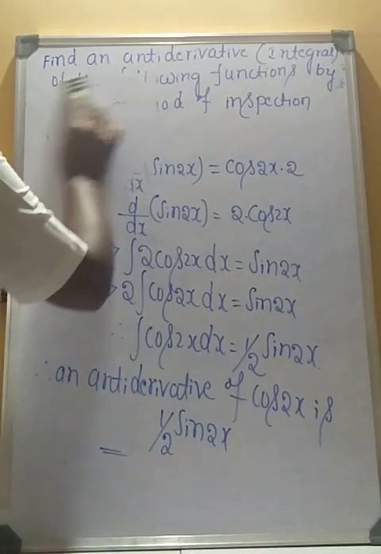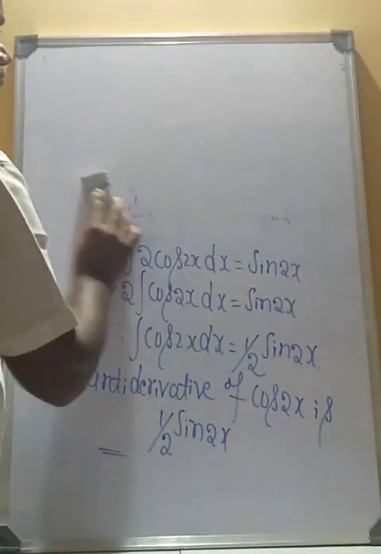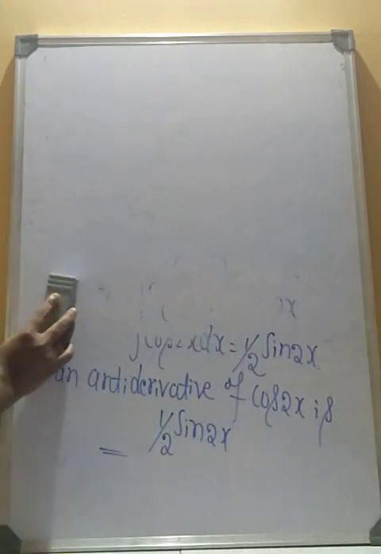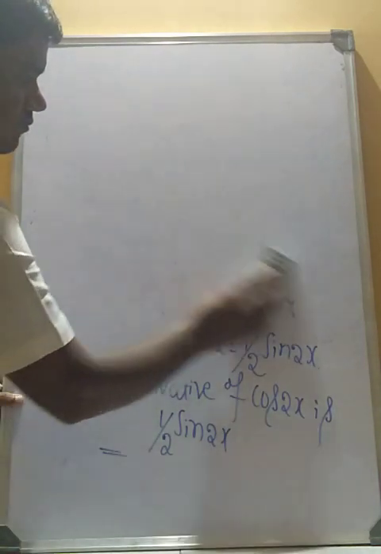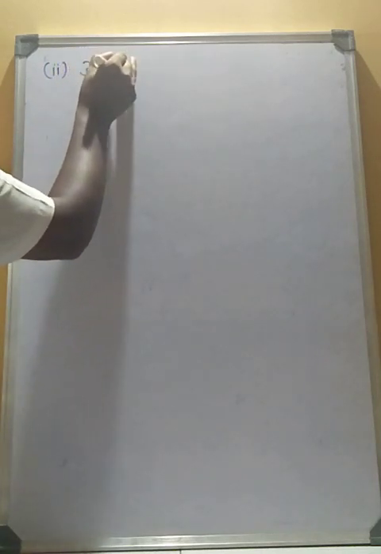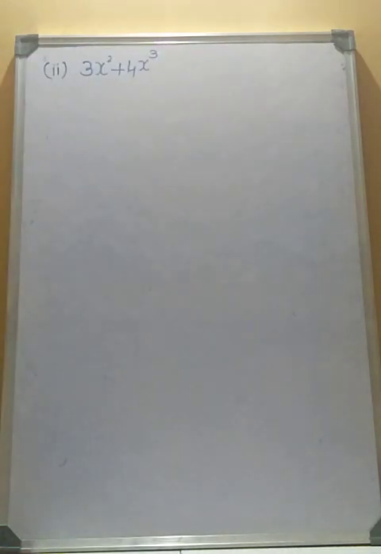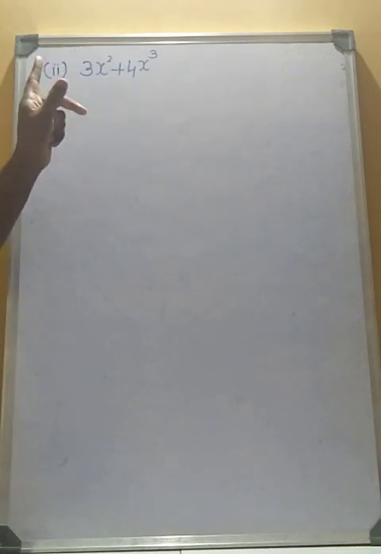Similarly, the second one: find the antiderivative of the function 3x square plus 4x cube, or find the integral, by the method of inspection.